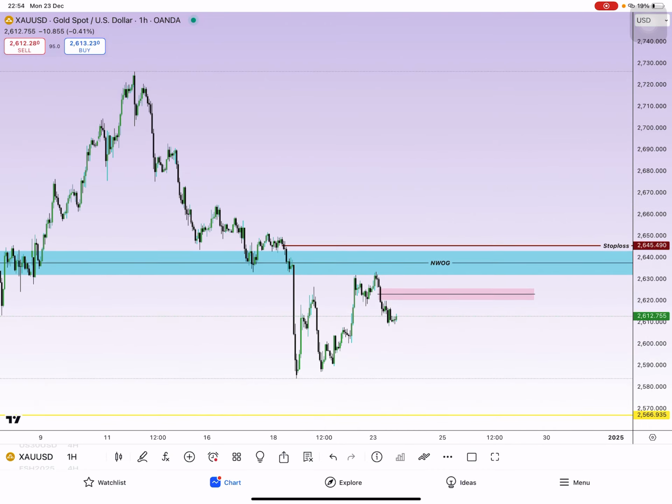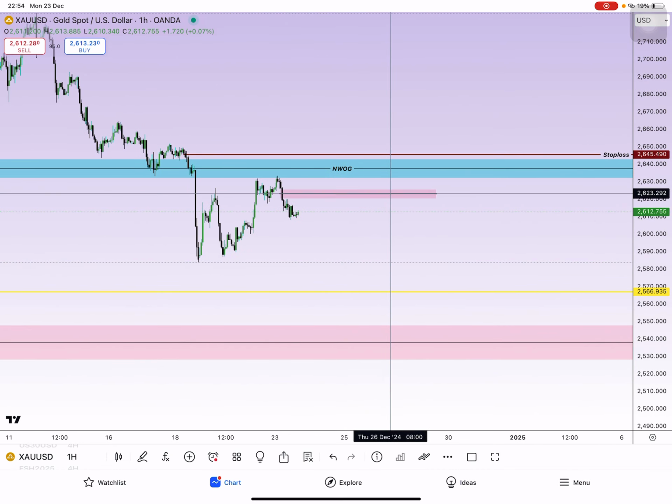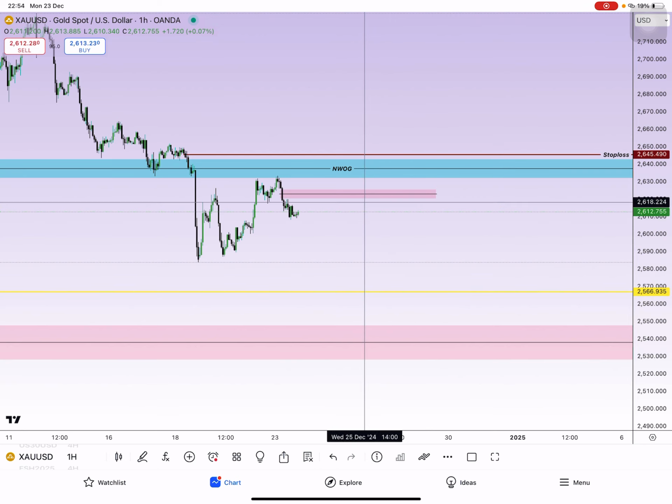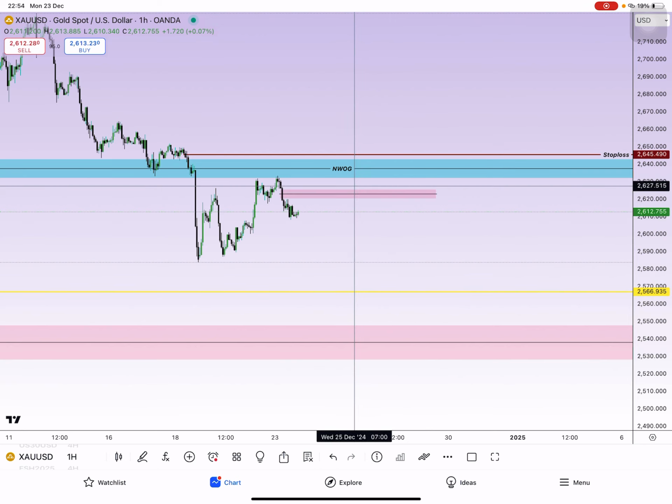So how far is our target from this zone? It is 2620 to 2570, let's say. That's 50 points, and 2620 to 2645, that's 25 points. So that's exactly 1:2.